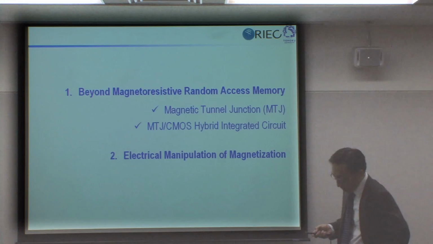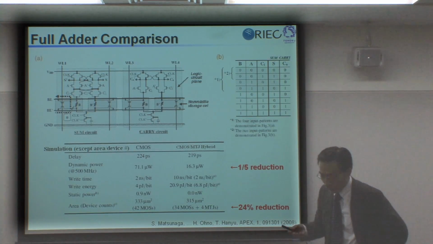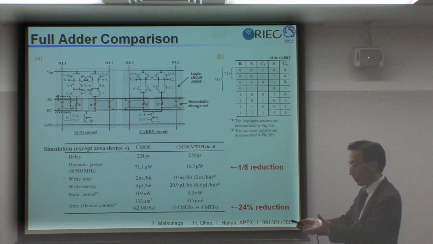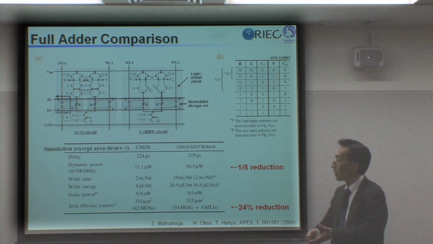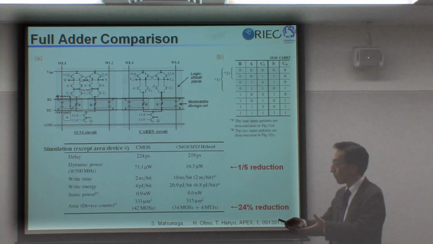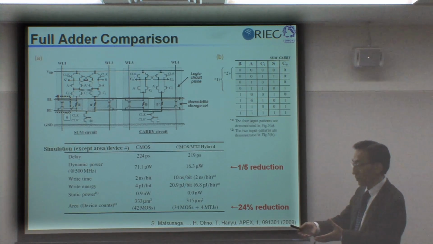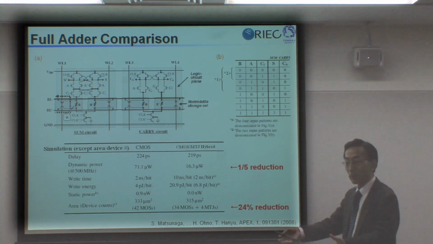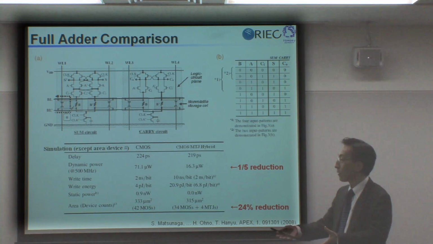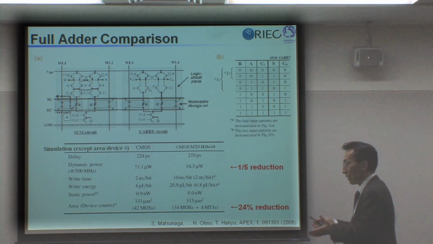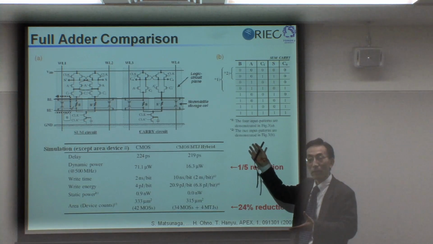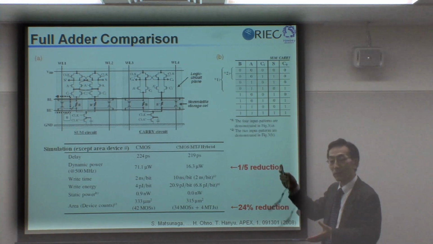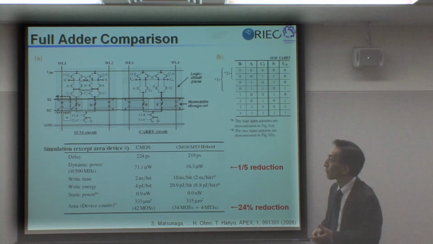Okay, so we believe that this approach, although we have just shown a very small element of a full adder, and we have just shown that this is doable, but we would like to extend this approach to go into more elaborate integrated circuits, and to show that this approach is really power effective in meeting the two challenges that I have just described.